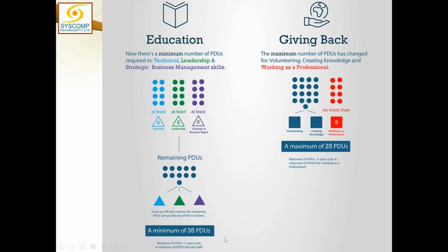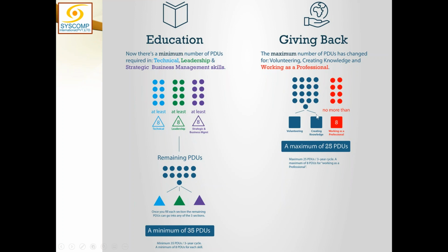There is no upper limit. You can have all the 60 PDUs gained through education, and that is the best approach. Otherwise, you can get a maximum of 25 PDUs from other activities like giving back to the profession.